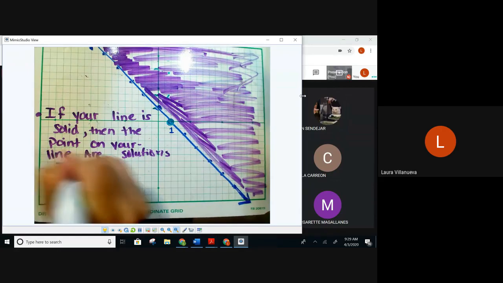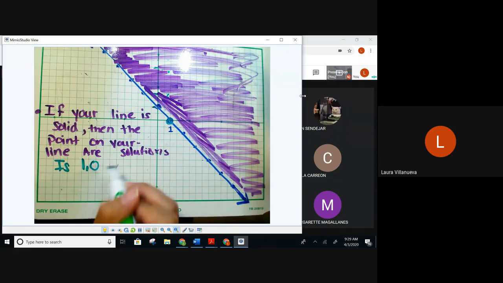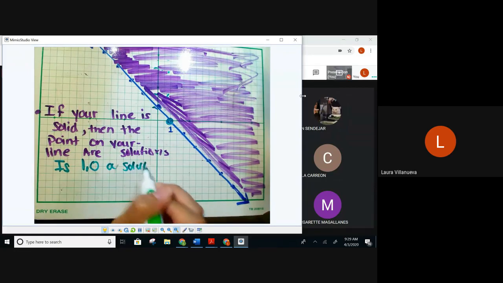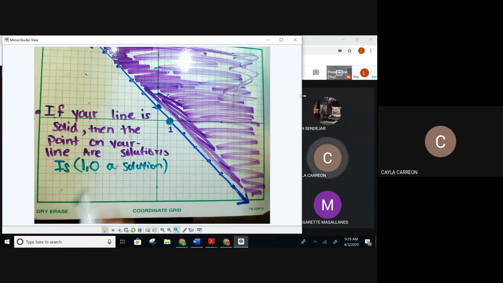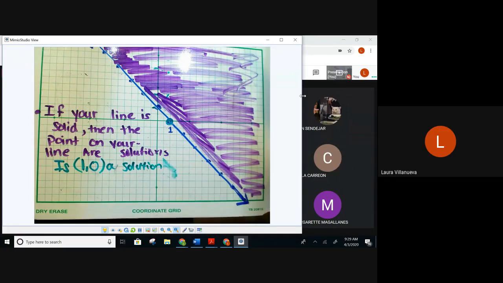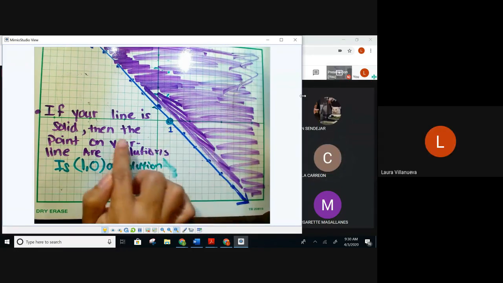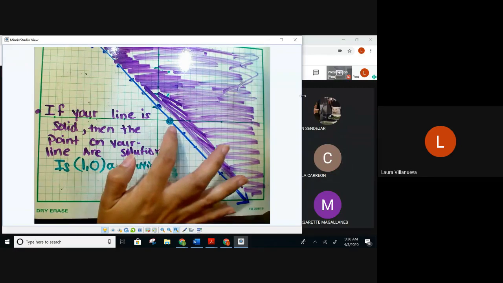Is 1, 0 a solution? I forgot how awesome pencils are. So answer the question. Is 1, 0 a solution? What do you think? No. 1, 0 is right here. Remember, if your line is solid, then if it's on the line, then it is a solution. Okay? Do you understand now?